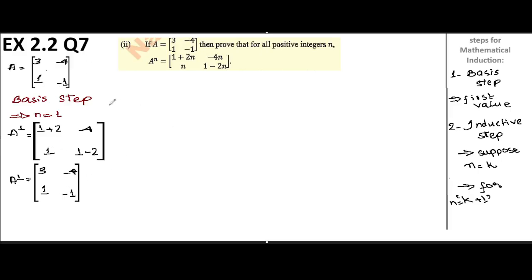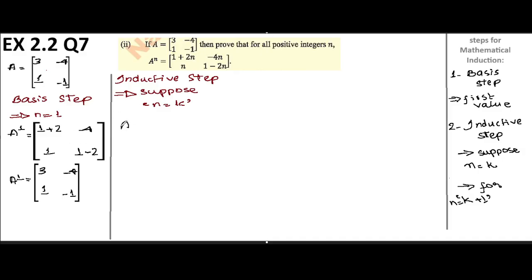Now we are going to move towards the inductive step. As the first sub-step of the inductive step, we are going to suppose that n equals k, and we are going to put this value of n in the given matrix.